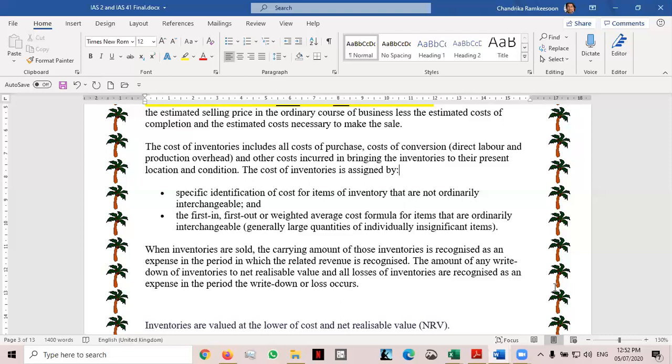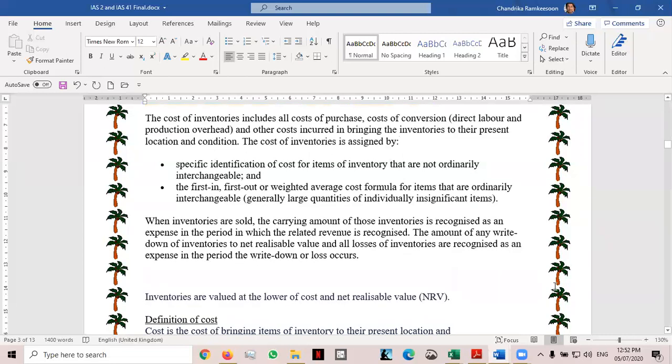When inventories are sold, the carrying amount of those inventories is recognized as an expense in the period in which the related revenue is recognized. In other words, there must be a sale versus a cost of sale. That's all that we are saying. The amount of any write down of inventories to net realizable value, and all losses of inventories, are recognized as an expense in the period the write down or loss occurs.